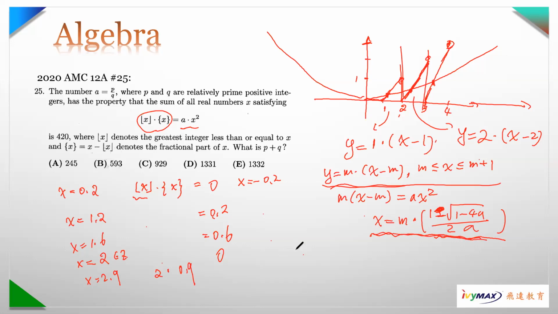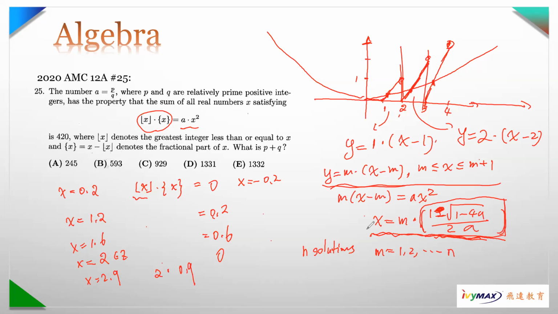Let's say we have n solutions. In that way, m can be chosen from 1, 2, all the way to n, right? Yeah, and then we sum them up. So it will be x1 plus x2 plus up to xn, right? And we can find that the parenthesis here is just a constant in terms of a, right?